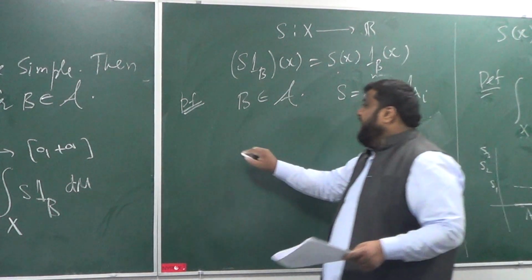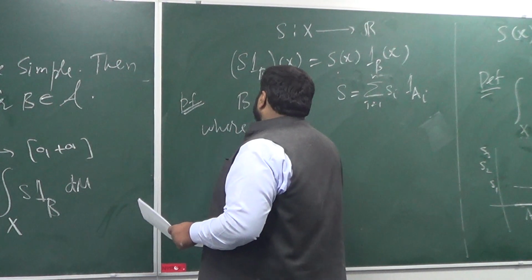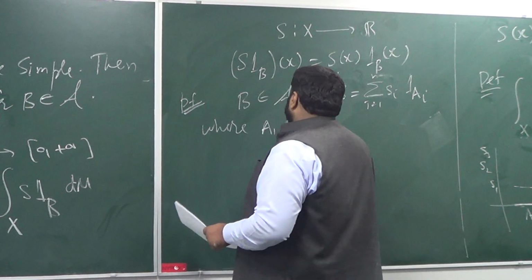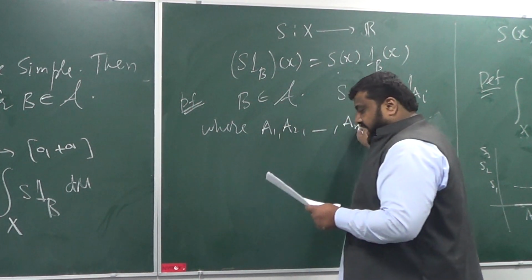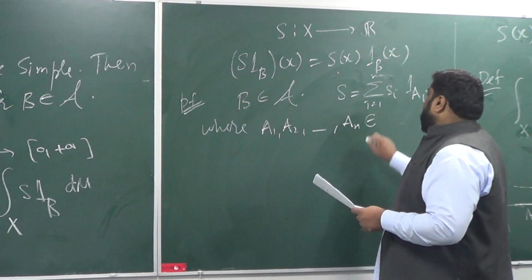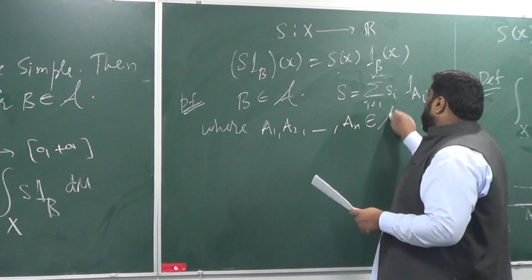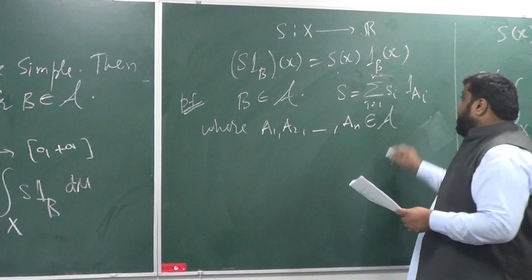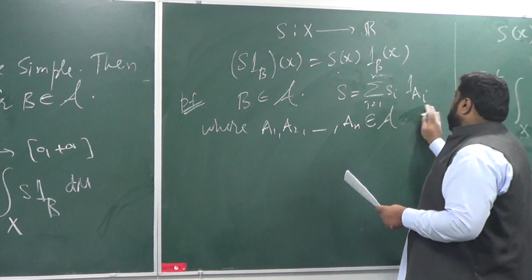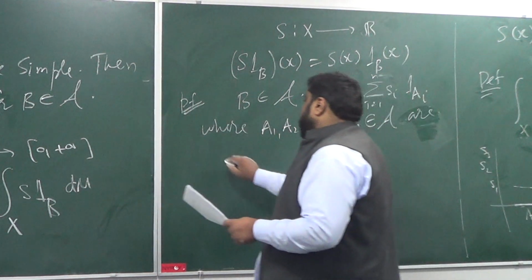And what are the A_i's? A1, A2 up to An are elements of the sigma-algebra and they are mutually disjoint.